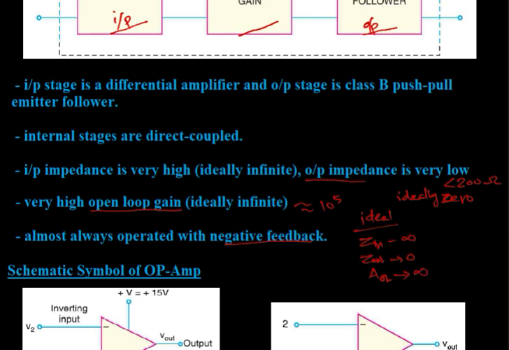These are the three important things for an ideal op-amp, and usually an operational amplifier is operated with negative feedback in order to get stability, gain stability and better bandwidth.